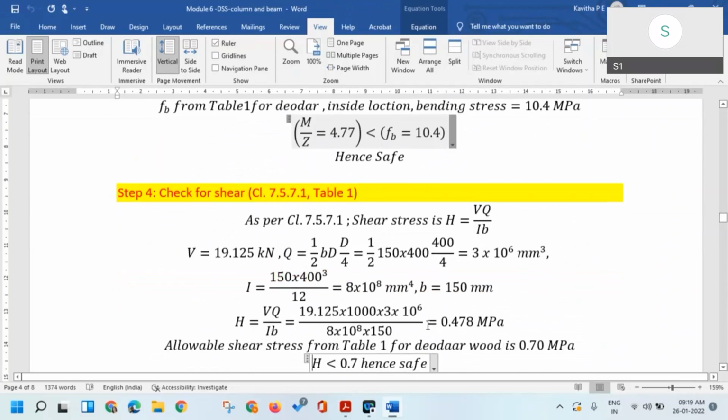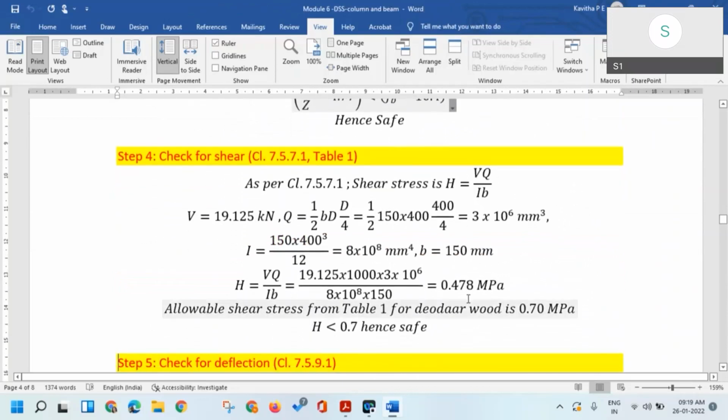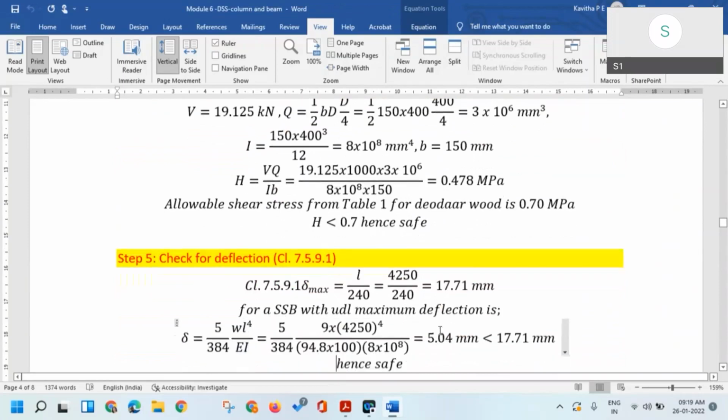Then for shear, calculate H equal to VQ by IB, which I obtained as 0.478, and it has to be compared with the maximum strength value, that is 0.7. 0.478 is less than 0.7 and hence safe. Then check for deflection.